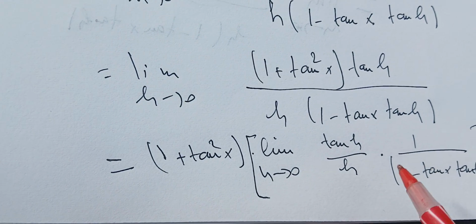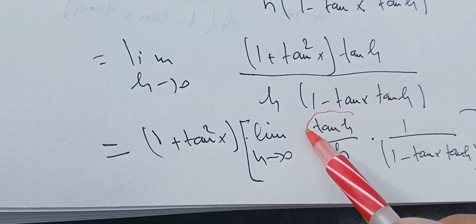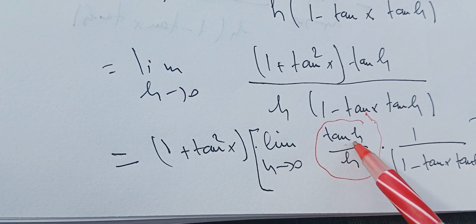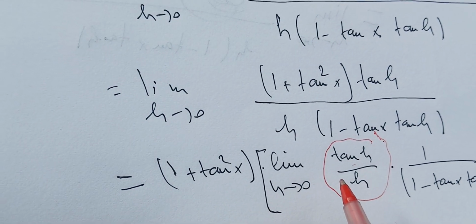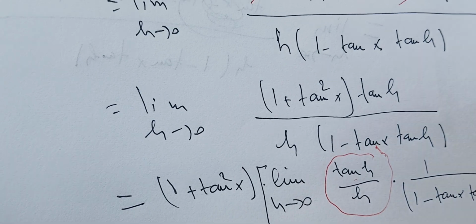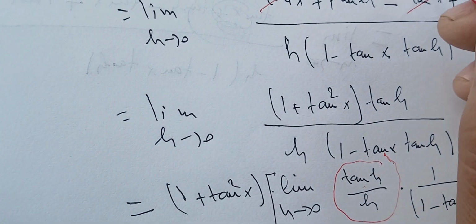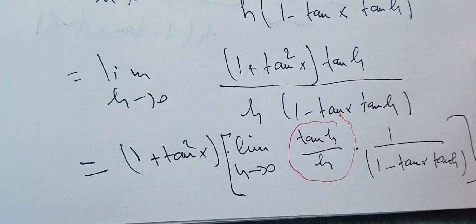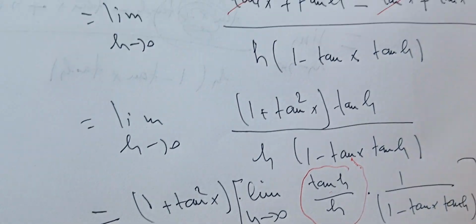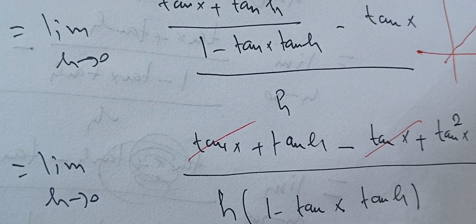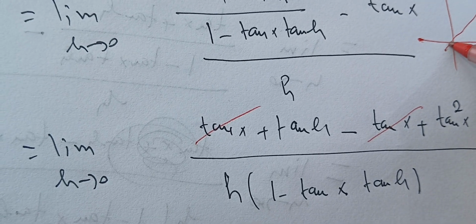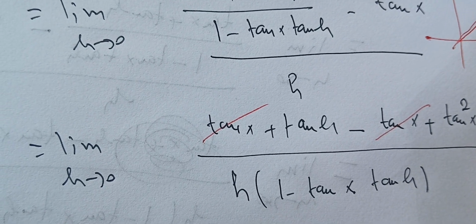Now we need to know some limits. So what's this limit as h goes to 0? To see that very quickly, graph both tangent and h. Think of h as x. The graph of x is this one, tangent x like this.